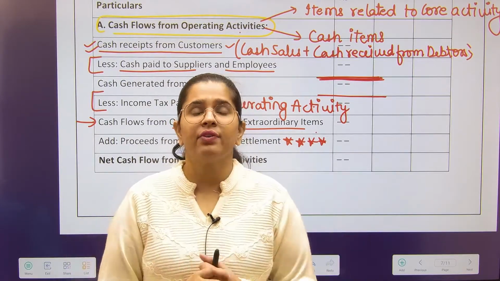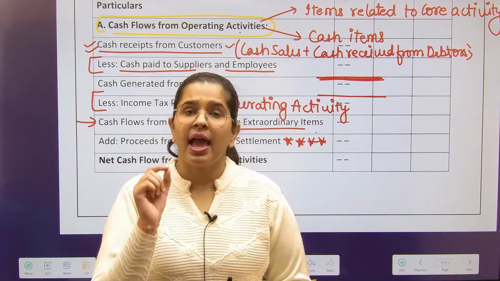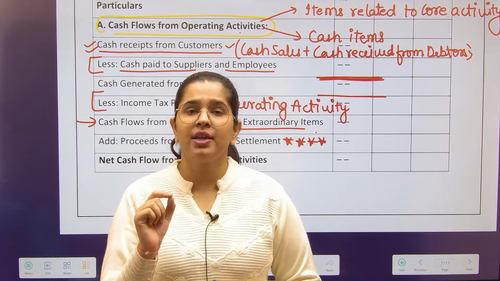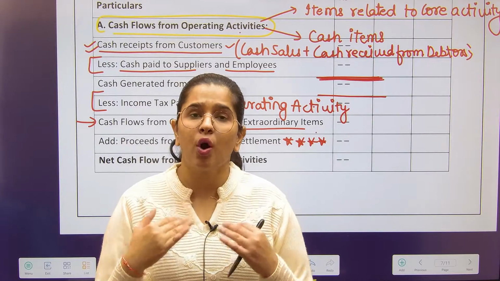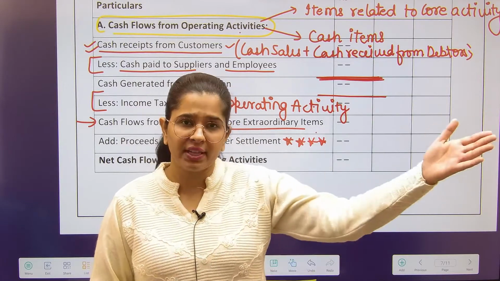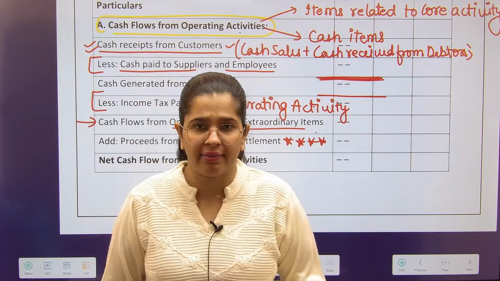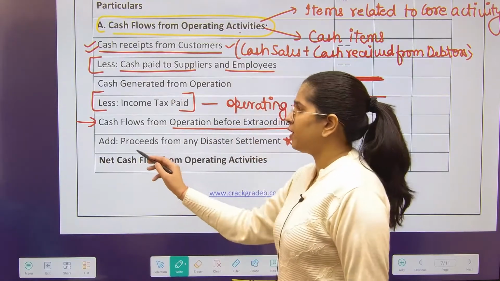So obviously that was my operating activity, and if I am receiving any compensation amount for the loss of anything which was my operating activity, it will be classified over here.